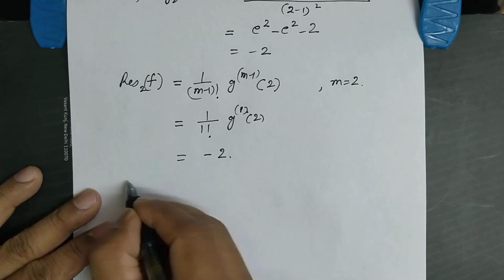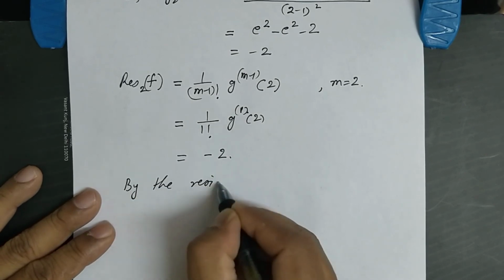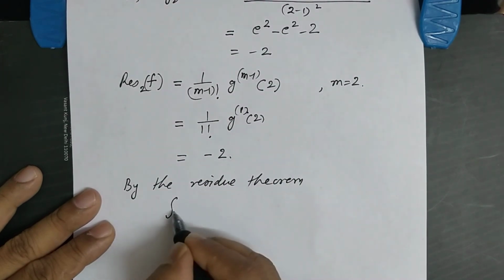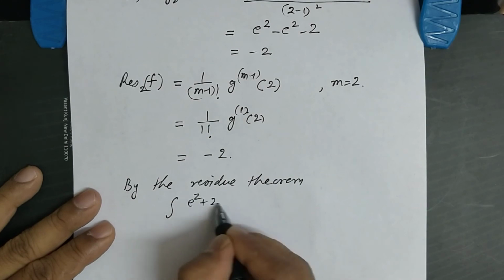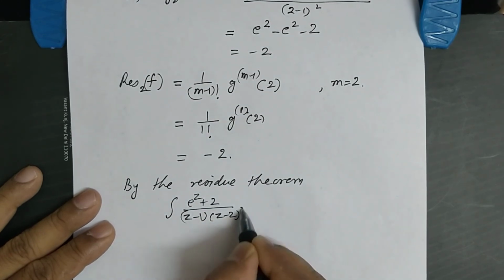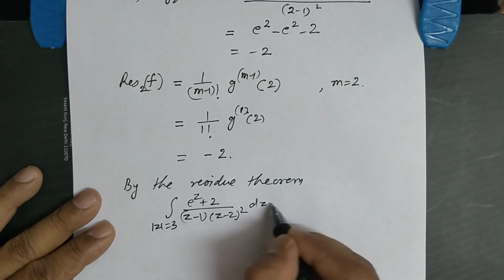So what does the residue theorem say? By the residue theorem, the integral of this function over this is the sum of the residues.